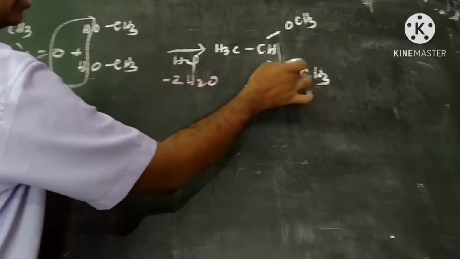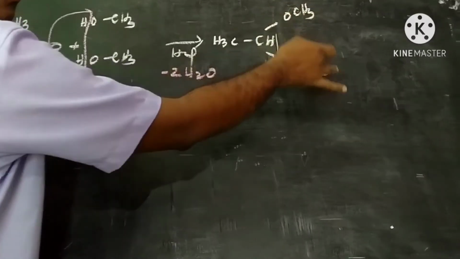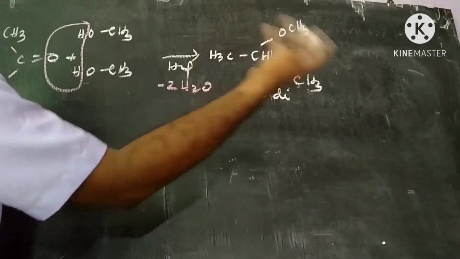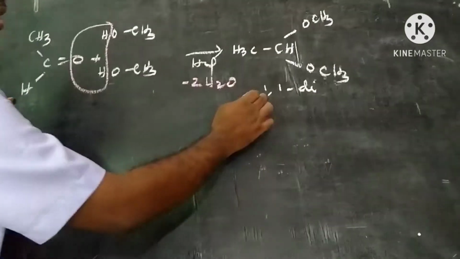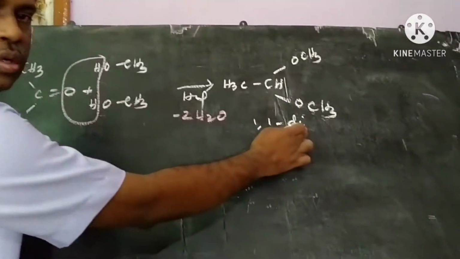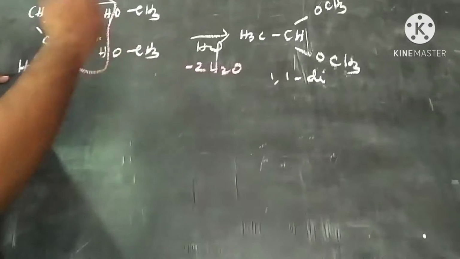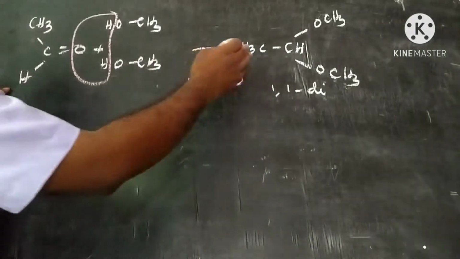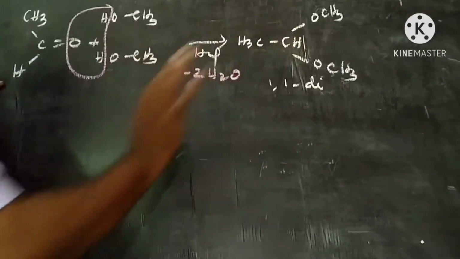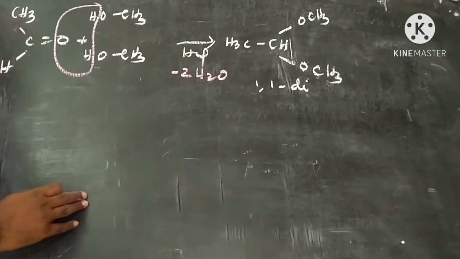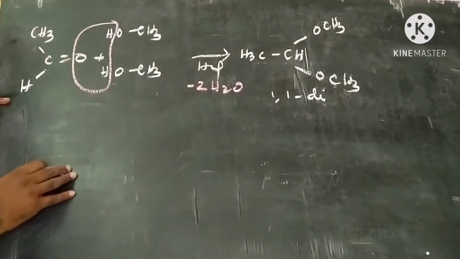Methoxy group is CH3O or OCH3. Dimethoxy with 2 carbons is ethane. So 1,1-dimethoxyethane. Common name is acetaldehyde dimethyl acetal. That is an important one, acetal.